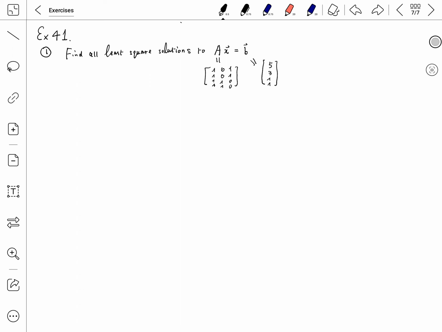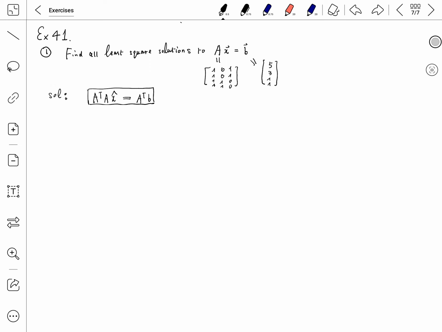Let me quickly give a solution of this part. The normal equation is this one, right? To find the least square solution is equivalent to solving this for x hat.